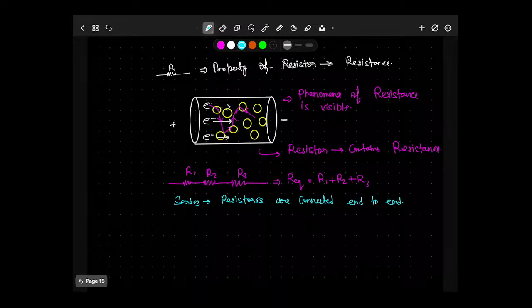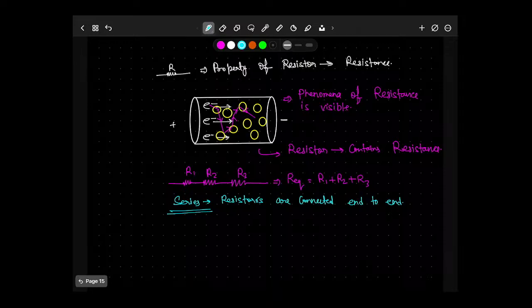Sometimes it is very misleading. We will take some questions where it would seem that resistors are connected in series, but they won't be. It would look like they are connected in series, but they won't be. In that case, how do we identify whether the resistors are really connected in series? How can we confirm this?